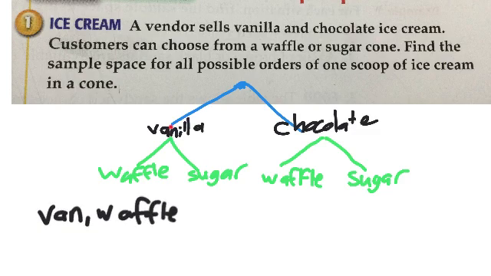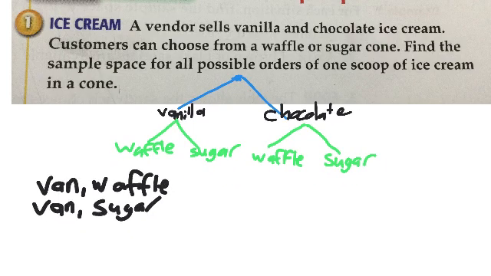We could have vanilla in a sugar cone. Right, you see how I'm going down the branches? Go back here every time. So my second option is vanilla in sugar cone. Okay, now if I go down the vanilla branch again, there's nowhere else to go. I've already been down both of those.